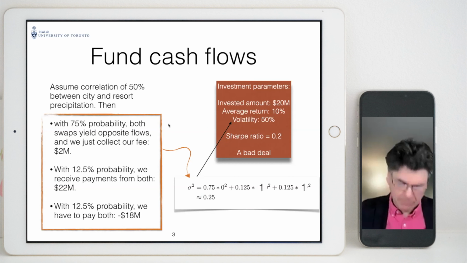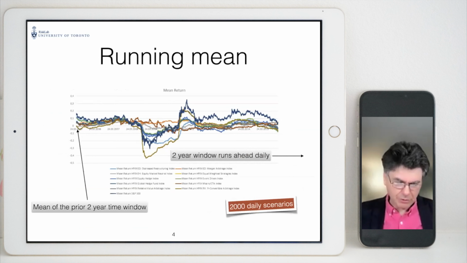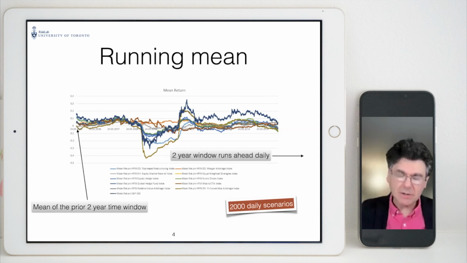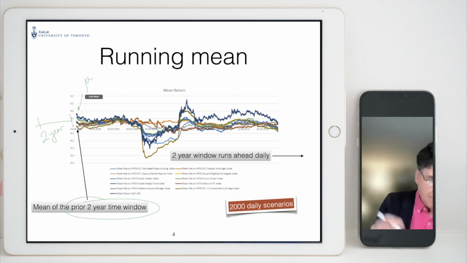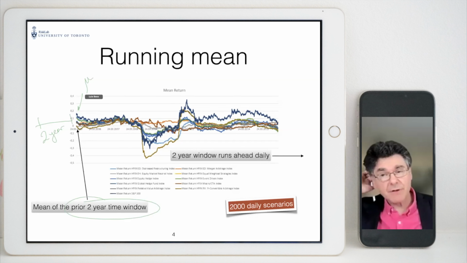Now, there was another time when we generated scenarios also. And that was when, I remind you, we had taken the volatility or the return, a time series over a two-year period, and then we calculated the mean of a certain investment.